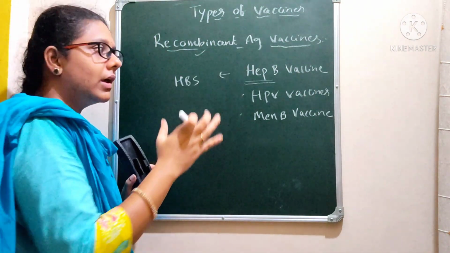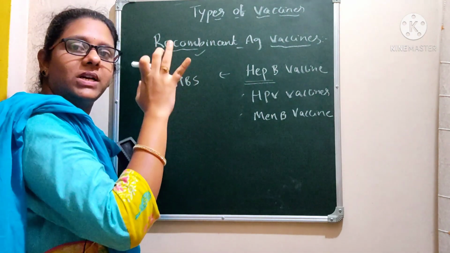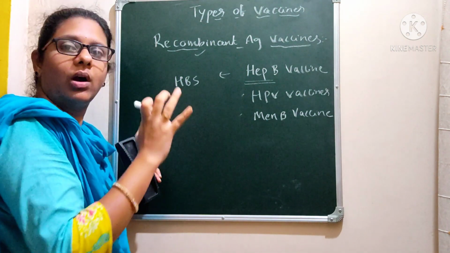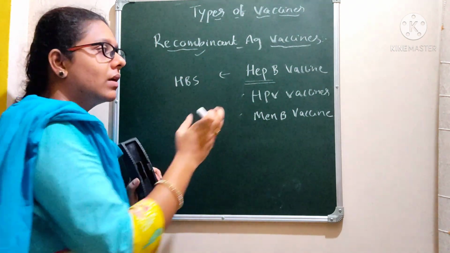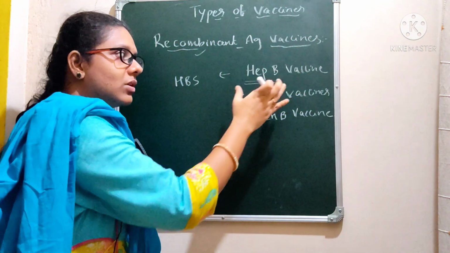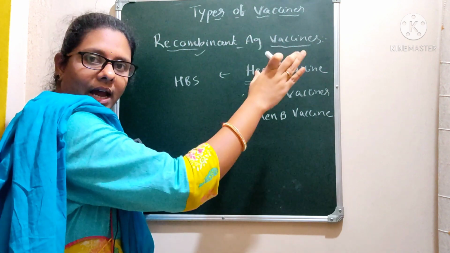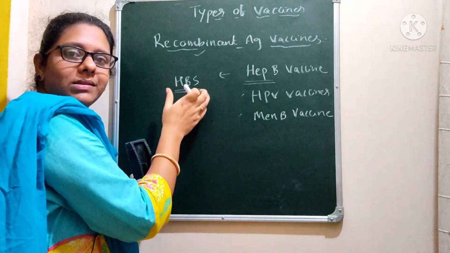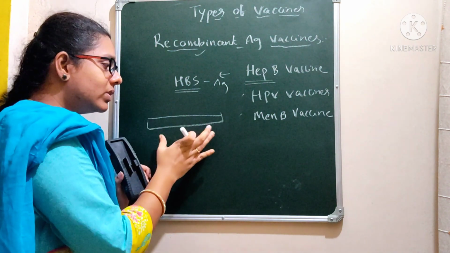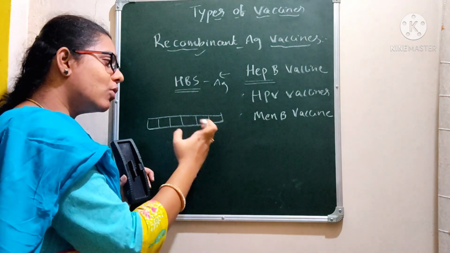Suppose we take the example of the hepatitis B vaccine, which was the first vaccine developed by rDNA technology. If you look at the structure of the hepatitis B virus, it has a surface protein that acts as an antigen, that is the hepatitis B surface antigen. If you look into the genome of this virus, it will have a number of genes.